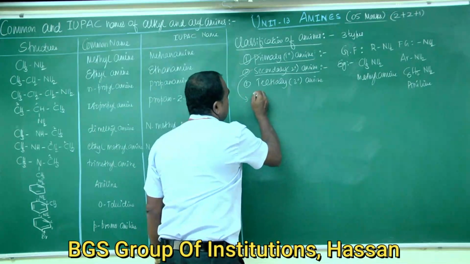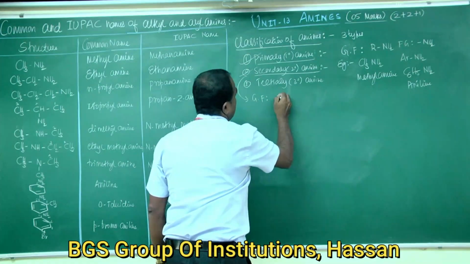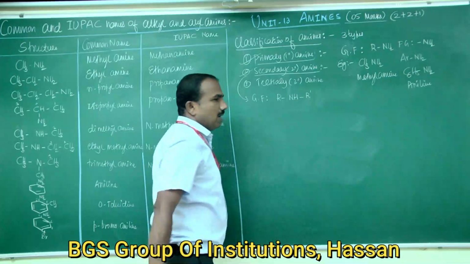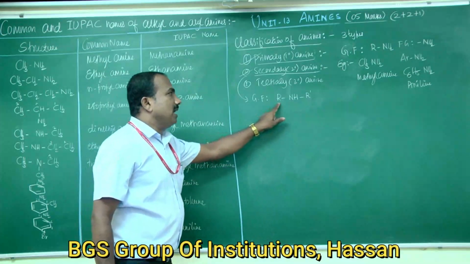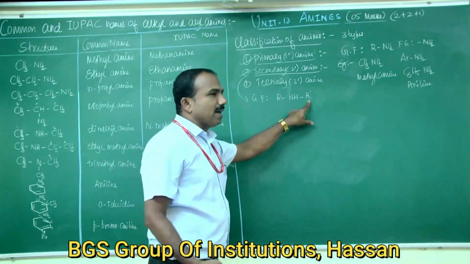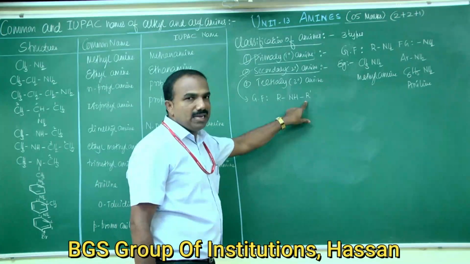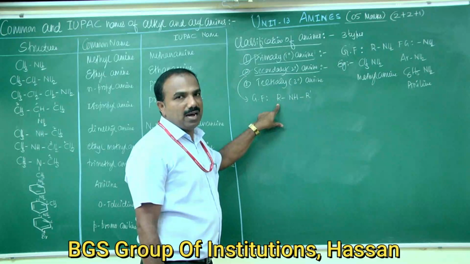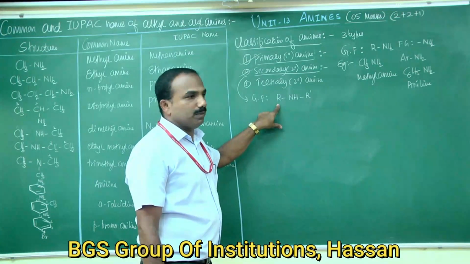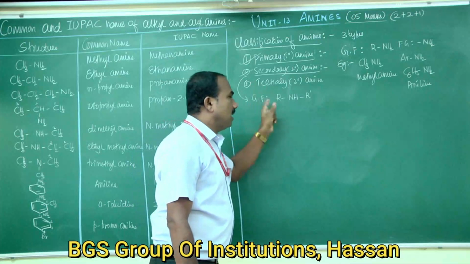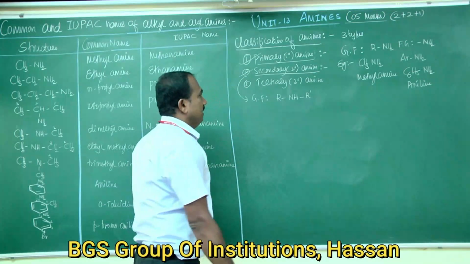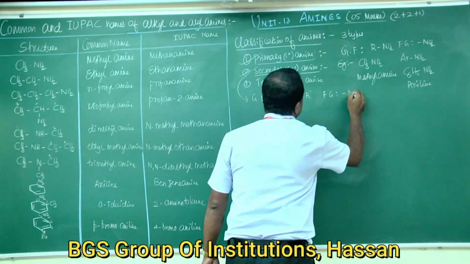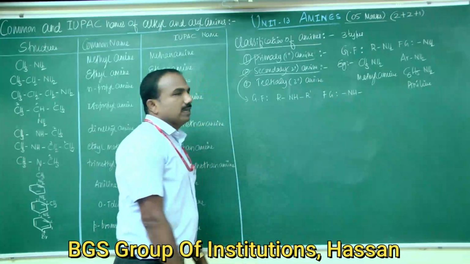Therefore, the general formula for secondary amine is RNHR', where R and R' may be the same or may be different, alkyl or aryl groups. The functional group for secondary amine is NH with single bonds.